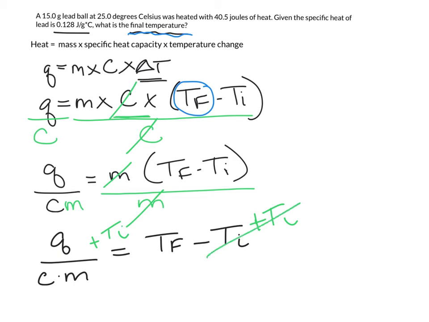That gets rid of my initial temperature here, and then when I go to rewrite my equation, it will be T final is equal to heat over capacity times mass plus my initial temperature.